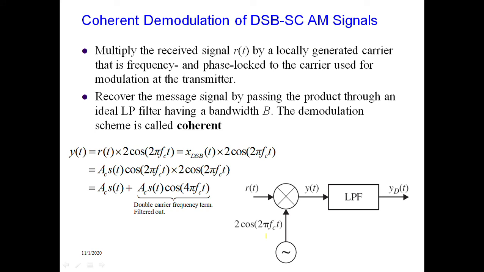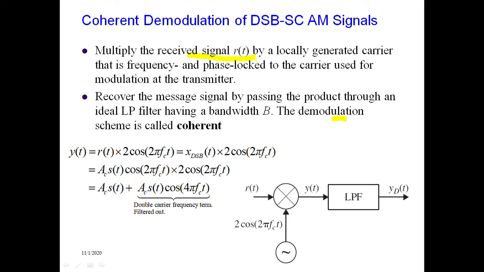After we process the modulator, at the receiver it will come as a modulated signal, not the original signal. So we call the modulated signal RT. We multiply the received signal by a generated carrier.